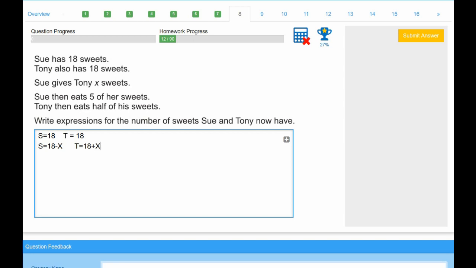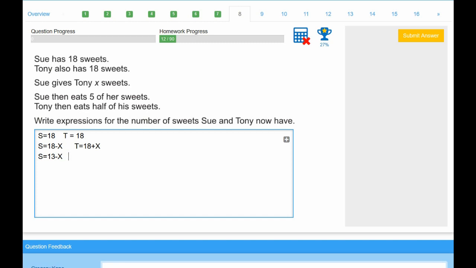And then Tony would be 18 plus 5 up to 23. So then we're told Sue eats 5 of her sweets. Well, if she had 18 and she's eaten 5 of them, then we have 18 take away 5 minus X, which becomes 13 minus X.